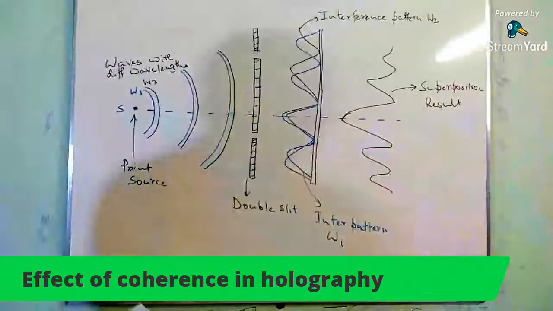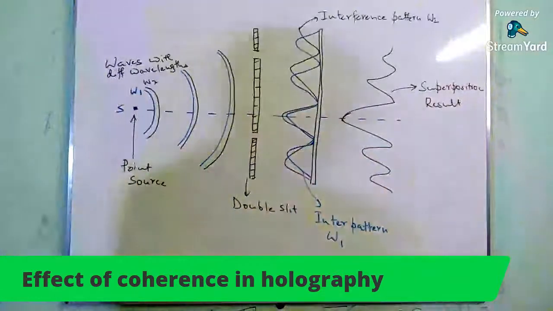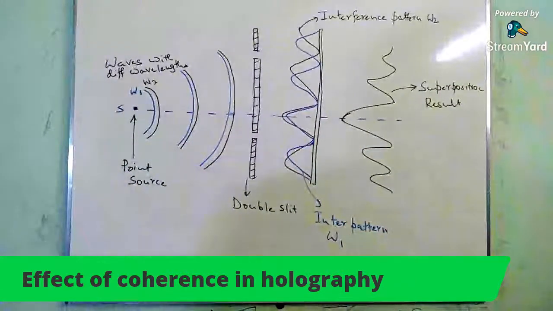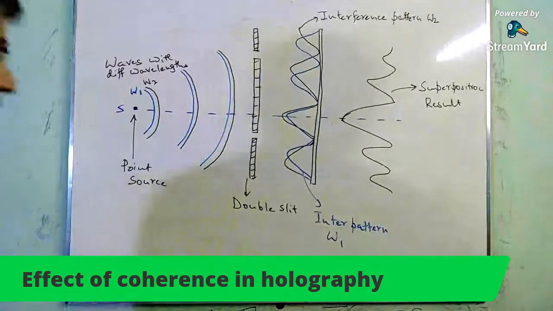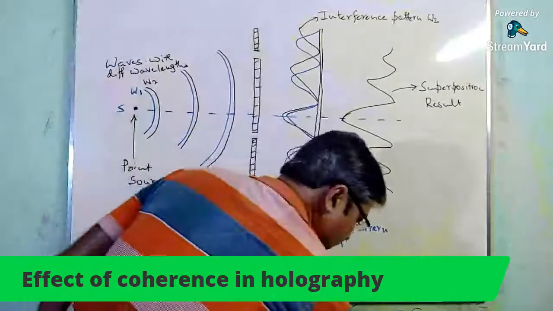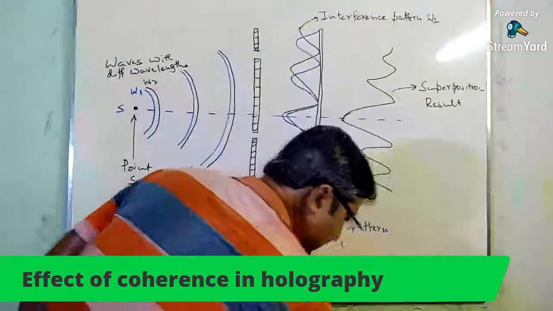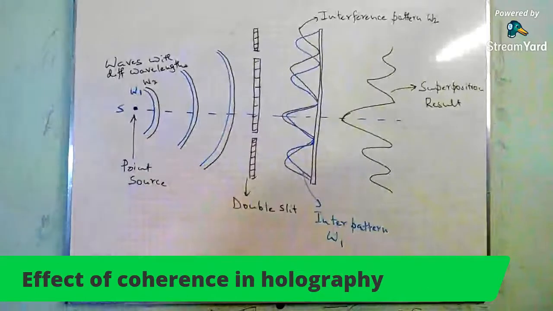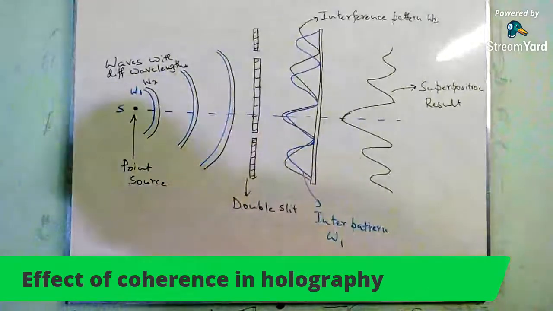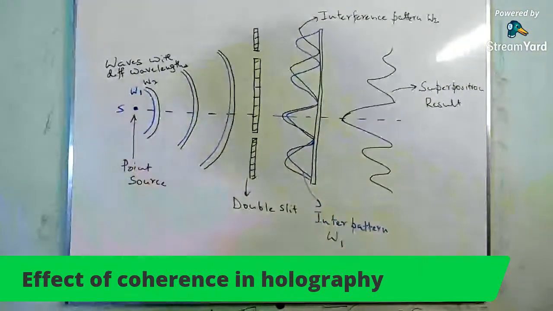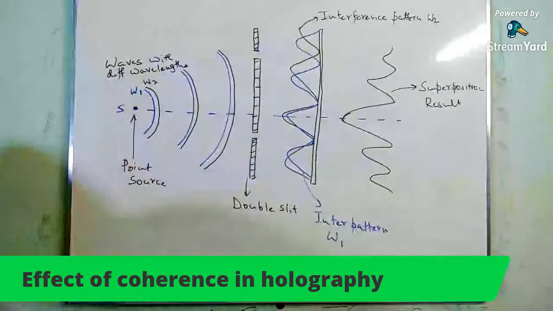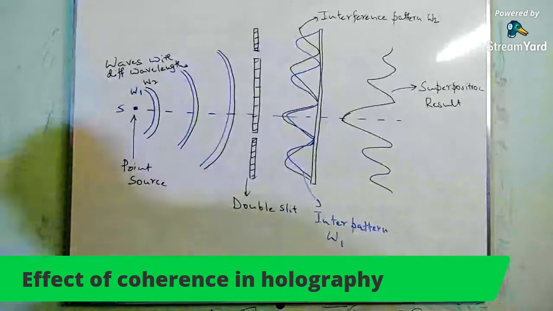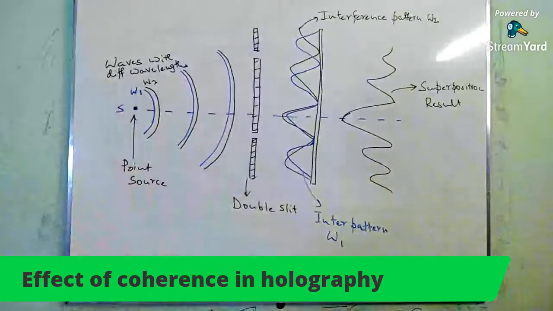Okay. So in this figure, what I am trying to show you is that I have taken two waves of different wavelengths coming from a single point source or point object, that is S. The two waves W1 and W2 have different wavelengths, and as you can find out, W2 is of longer wavelength than W1.